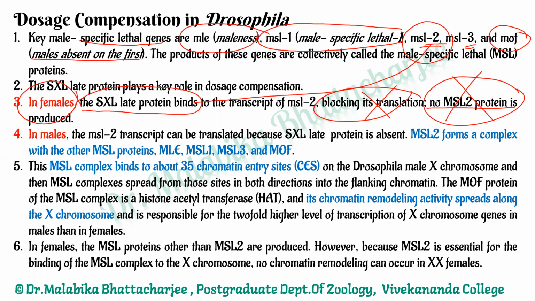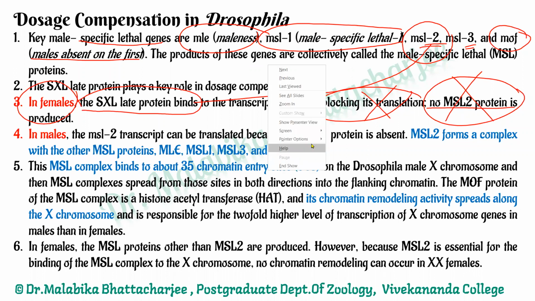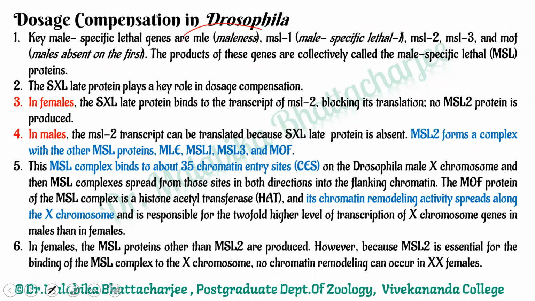Now let us look into the scenario of males. As I said, this is a complex of 5 proteins. In males, in absence of the SXL late protein, all the 5 genes are transcribed and translated to give the 5 proteins.